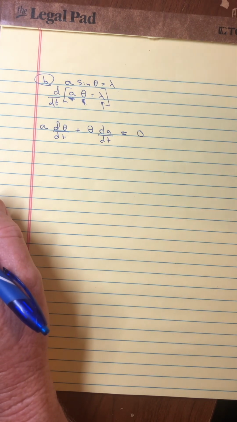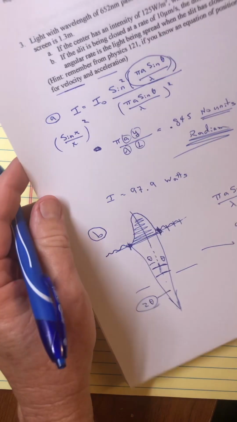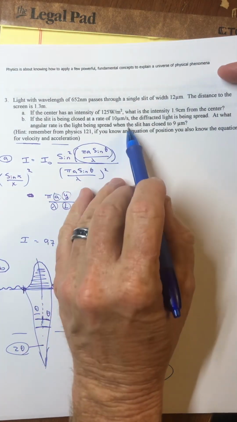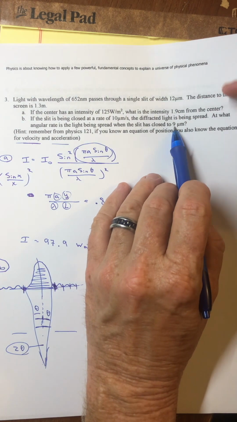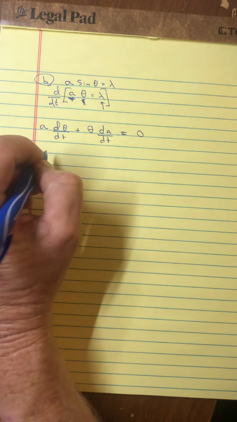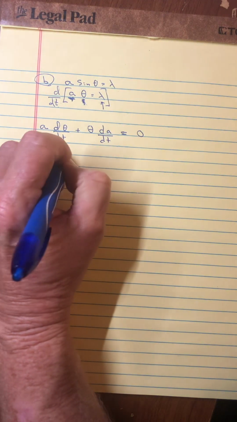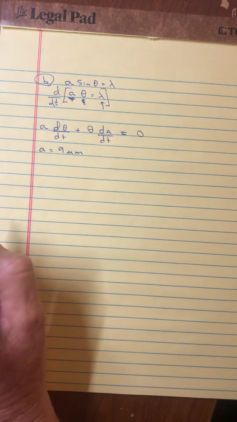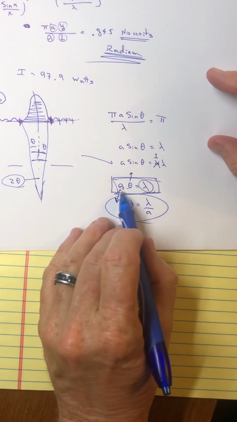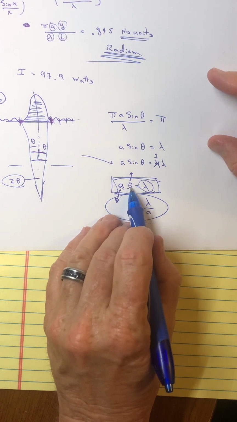And this is perfect because they give me some information. First of all, they say when the slit is at 9 micrometers. So right there, I have 9 micrometers. Now, I would also argue that back here, if we know the a, we also know the theta.